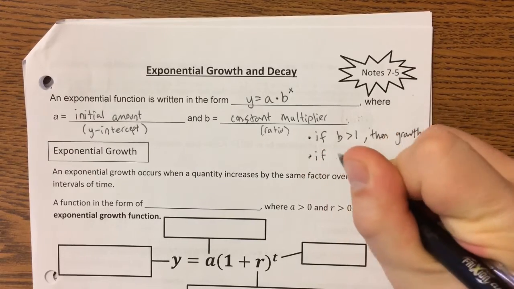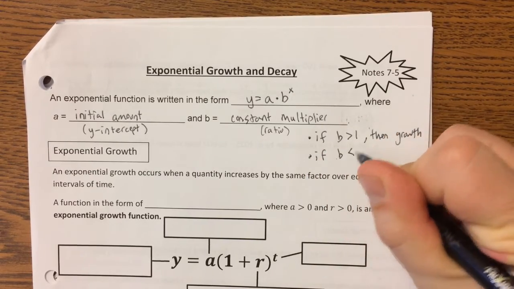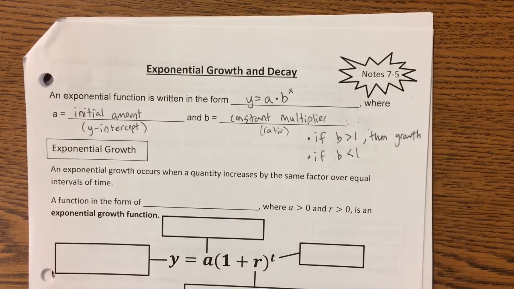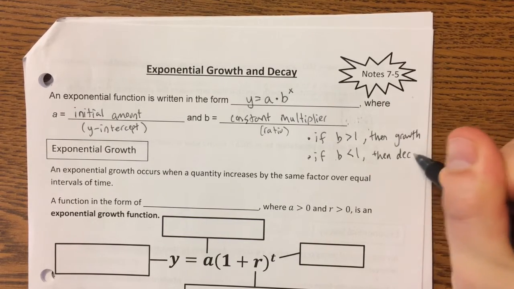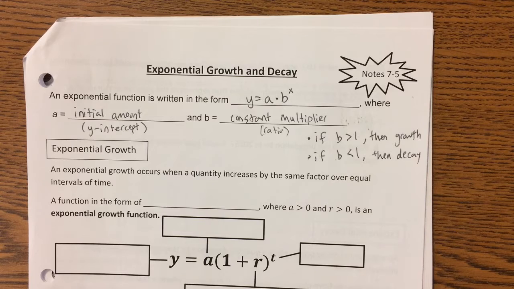But if that b value or that constant multiplier is smaller than 1, if it's like 1/2 or 1/3 or 2/3 or anything that's smaller than 1, then we'll have decay. So it's really all about how far away that number is from 1. Is it above 1 or below 1? And that's going to sort of control the overall behavior of the graph.